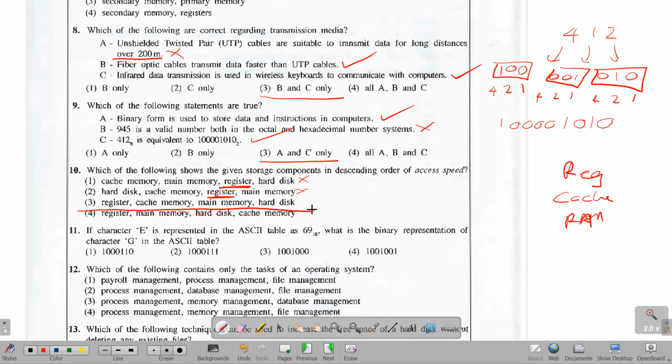Right, fourth one is going to, yeah. There's a reason for it to be incorrect. Cache memory should come after the registers, right? So register, cache memory, RAM, then the secondary storage can be there.